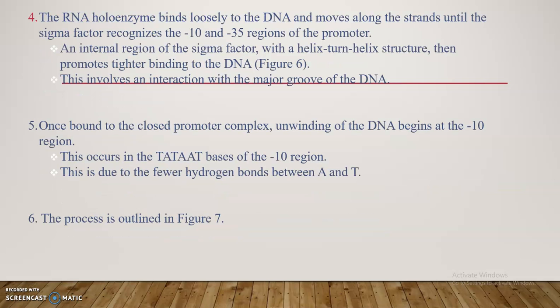Let's go on with the further explanation. The RNA polymerase holoenzyme binds loosely to the DNA and moves along the strand until the sigma factor recognizes the minus 10 and minus 35 regions of the promoter. The holoenzyme is slowly binding to the DNA.